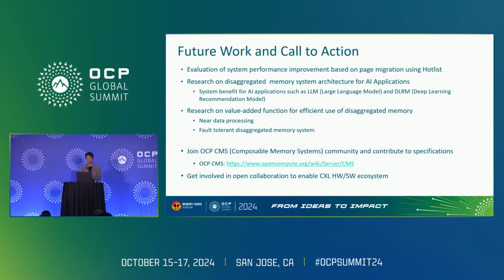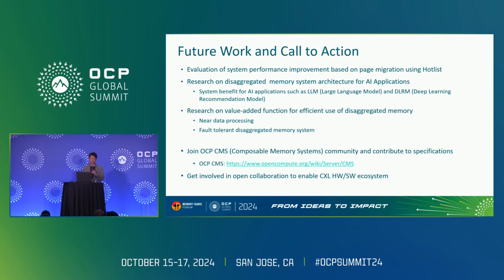Another key focus will be disaggregated memory subsystem architecture for AI applications. We aim to investigate the system benefit of applying disaggregated memory to GPU systems for AI workloads, such as LLM and DLRM.